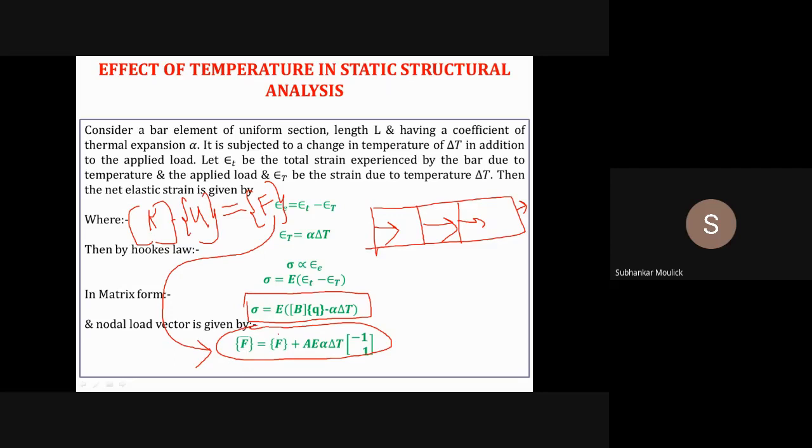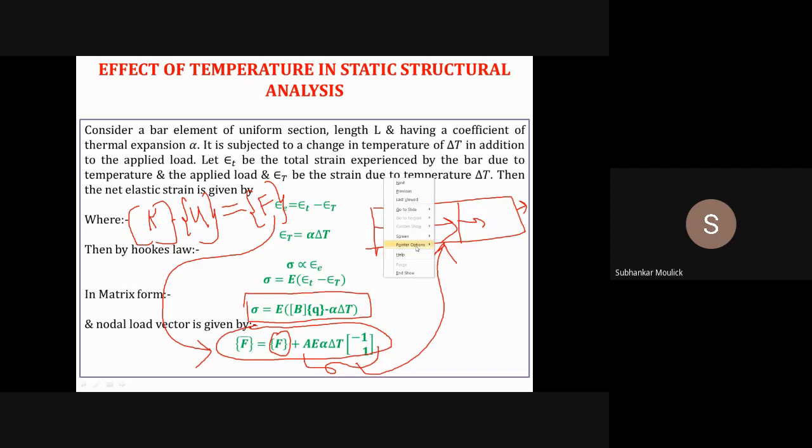What is this F? This F is the force or the load present in the bar, that is the static structural load present in the bar. Plus, this is the load present in the bar when that bar is undergoing expansion or compression due to change in temperature delta T, and that is given by A into E alpha delta T, again a 2 cross 1 matrix, minus 1, 1.